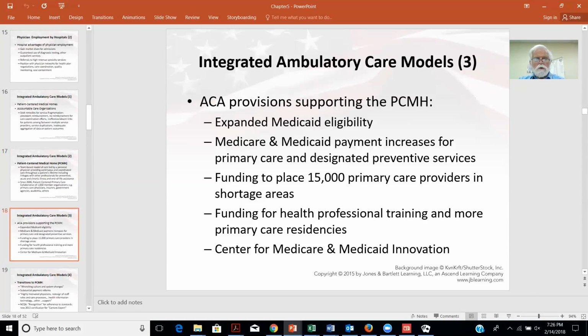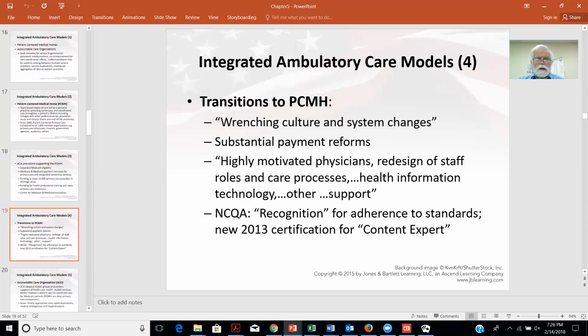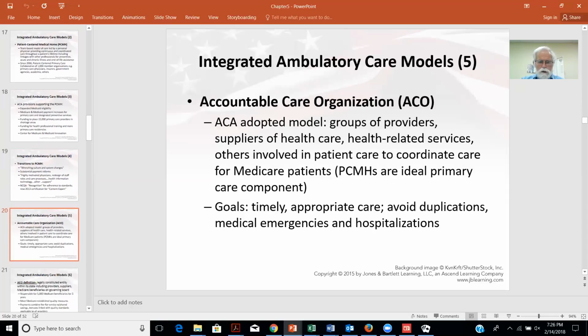A lot of this is supported by the Affordable Care Act. It is changing. People are really seeing this as changing the culture of medicine. There are payment reforms and then people that work together.